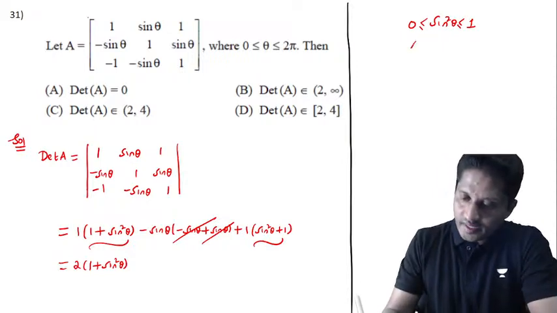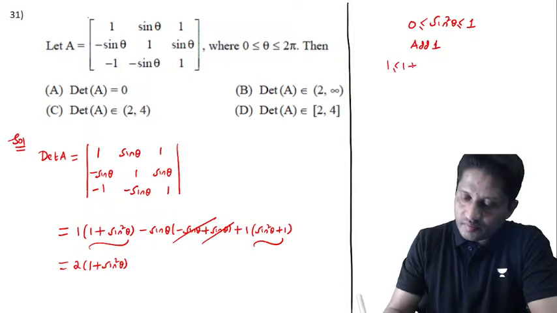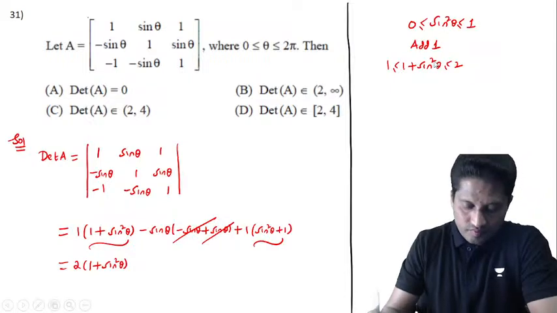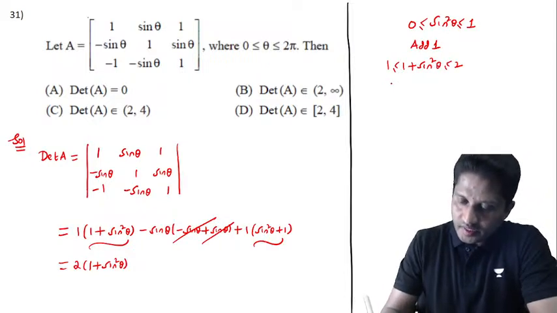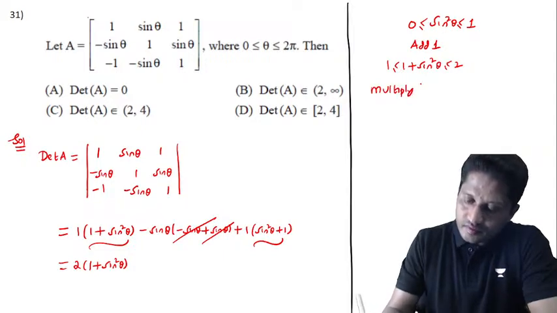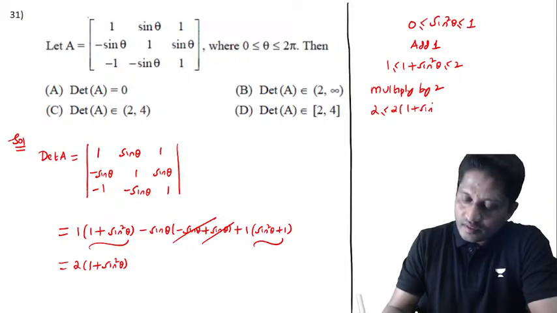Now, if I add 1, 1 is less than or equal to 1 plus sine square, less than or equal to 2. If you multiply by 2, you get 2 less than or equal to 2 into 1 plus sine square, less than or equal to 4.